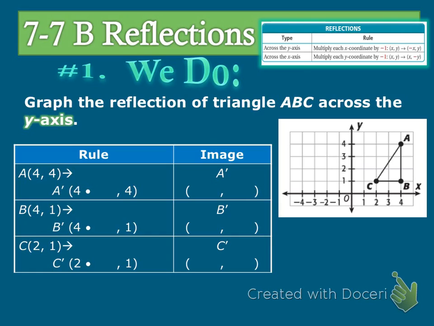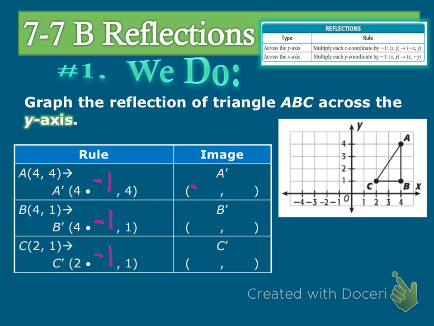I have my original point A, 4, 4, my original point B, which is 4, 1, and C, which is 2, 1. Now my rule states that since I'm reflecting it over the y-axis, I need to multiply each of the x coordinates by a -1. So I'm just going to put -1 on each of these x coordinates, because we're going to multiply each one by a -1.